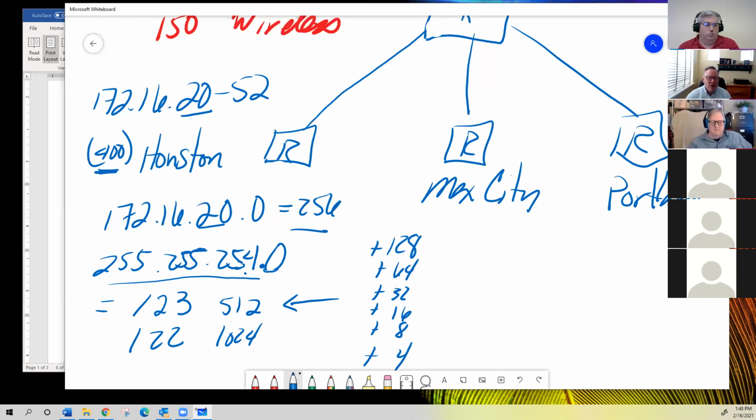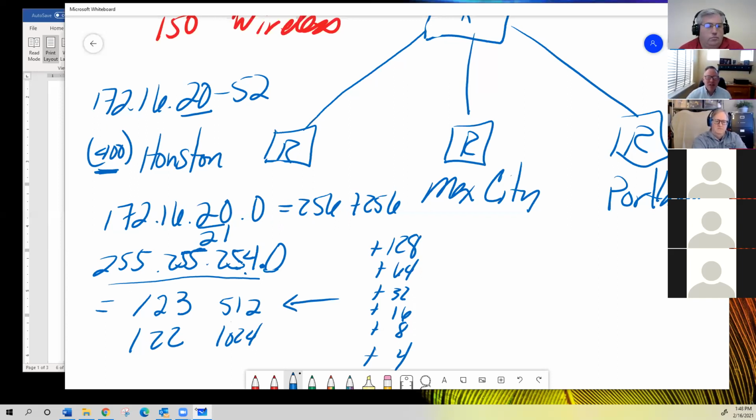So now the only way to get another 256 is to combine the 20 net with the 21 net. The 20 net has 256, this /24. So 2 /24s are 256 addresses. Two /24s together is 512.